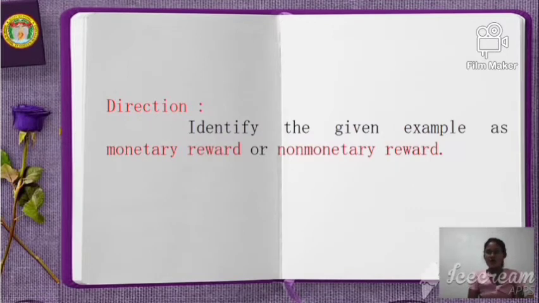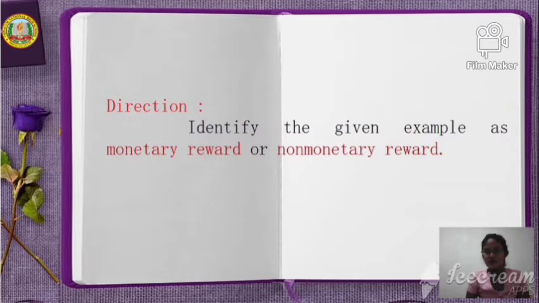I want you to prepare your study notebook and your ball pens for this first activity, our initiating activity, to check if you have prior knowledge about our objective. So there is our direction.